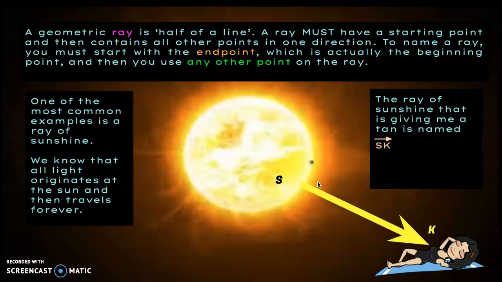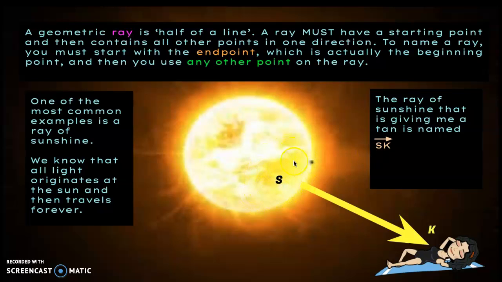We know that that ray started at the sun, which we call point S, and it's going to travel all the way through space over here to Ms. Kopetsky, which we're going to call point K. When I name a ray, this is the one that is very picky. I have to begin with the endpoint. That means the spot where it starts, right here, S. And then I get to pick any other letter traveling in that direction.